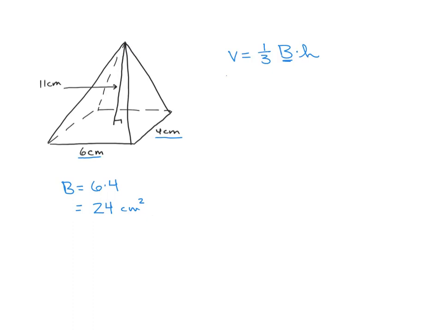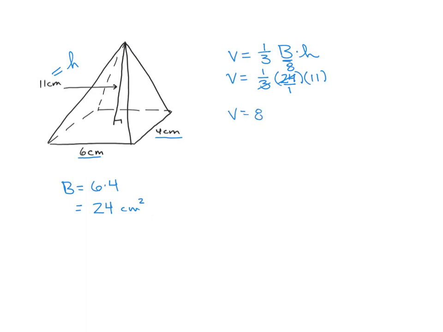So let's go ahead and plug in what we've got so far. So we got 1/3. The area of our base is 24. And our height is 11. Since 1/3 is not a terminating decimal, I'm going to work with it in fraction form. 1/3 times 24, these do cancel, leaving me with 8.